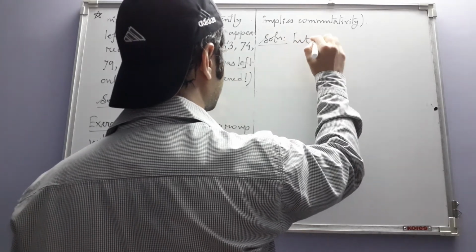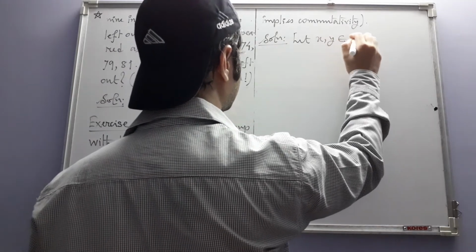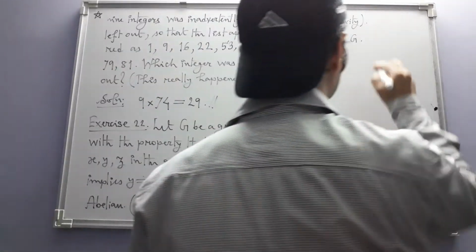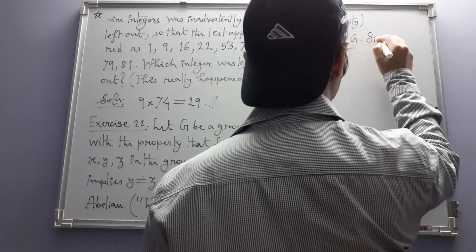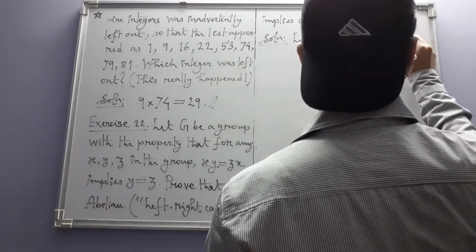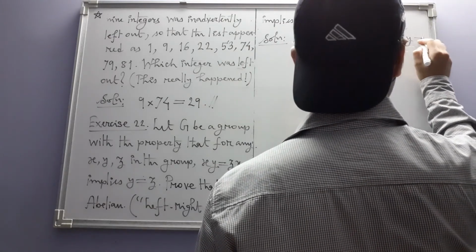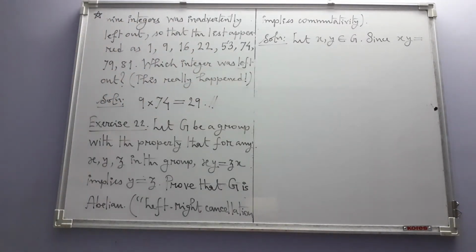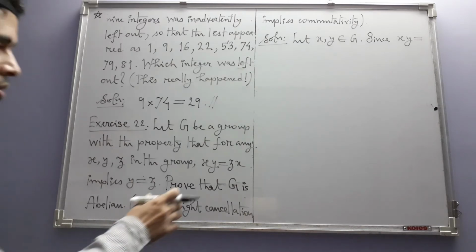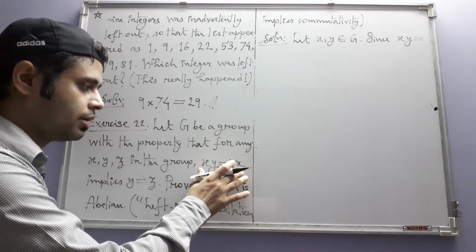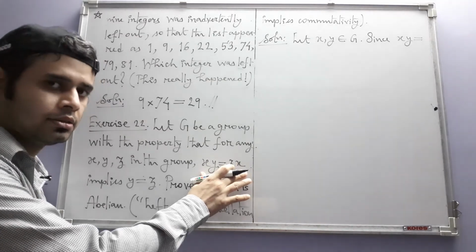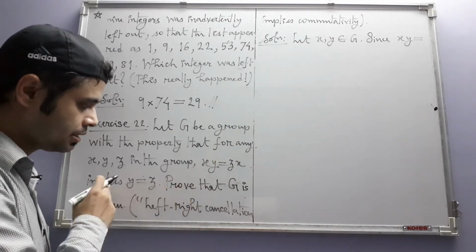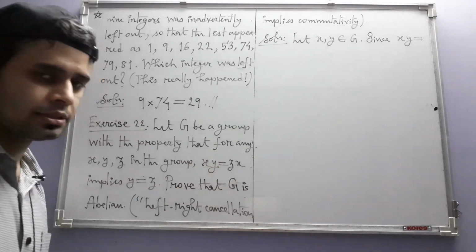Let x and y be any two elements in G. Since xy is equal to, our aim is to write an equation of this form that we know is true, because then we can use this implication to conclude that y is equal to x.